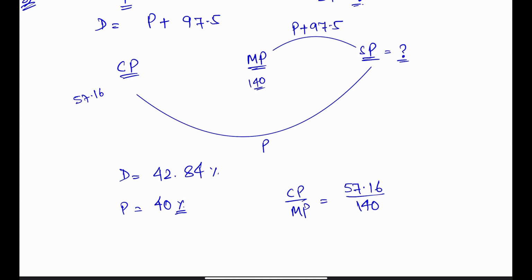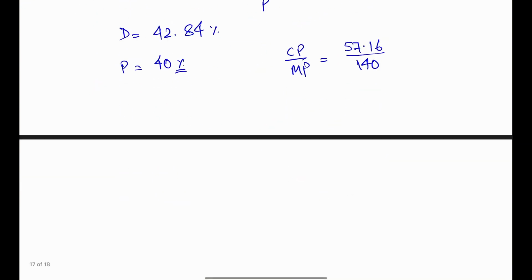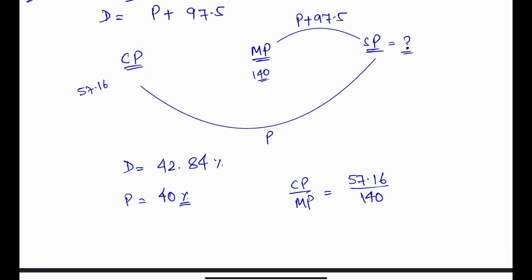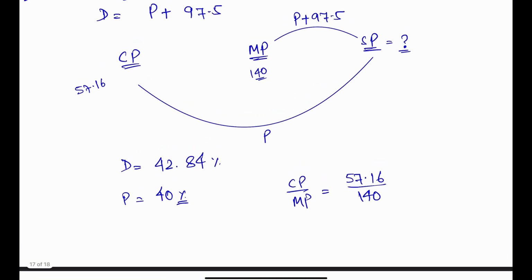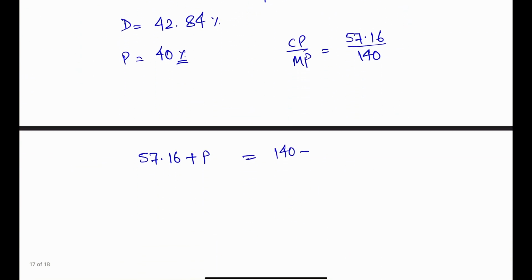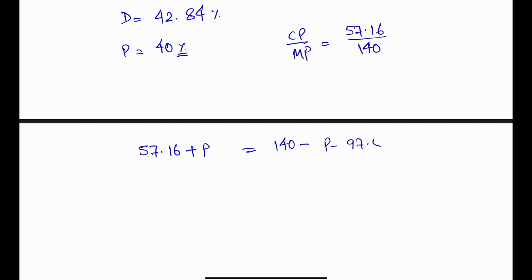So how much profit should I take? So the thing is 57.16 plus P equal to selling price, and that selling price is the markup price now, so equal to 140 minus P minus 97.5.